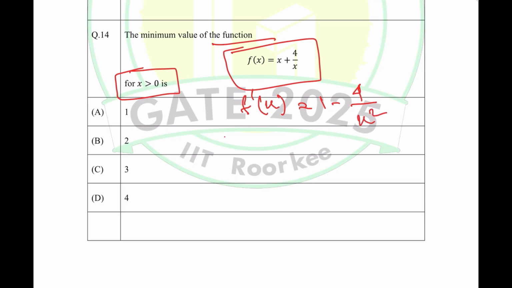Okay. So here if we take f'(x) equal to 0, then what will we get? 0 equals 1 minus 4 by x square. So here we will get x square equals 4, x equals 2.